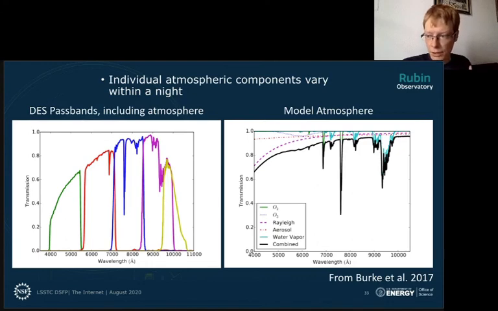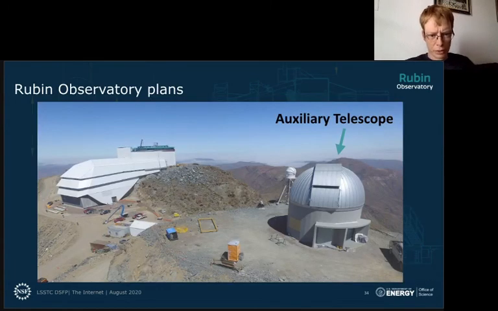But a lot of my goal here is to look forward to what the plan is for the Rubin Observatory. If you've seen pictures of the construction site, you might notice that there's this other dome off on another hill adjacent to the observatory building under construction.